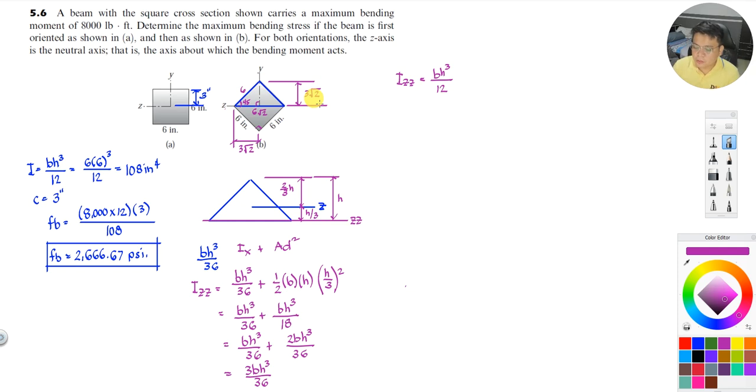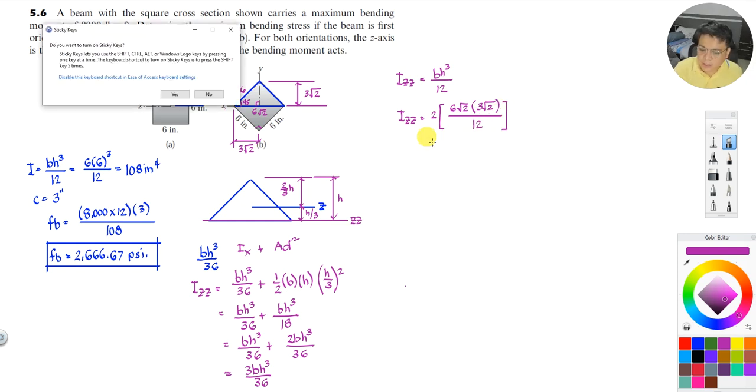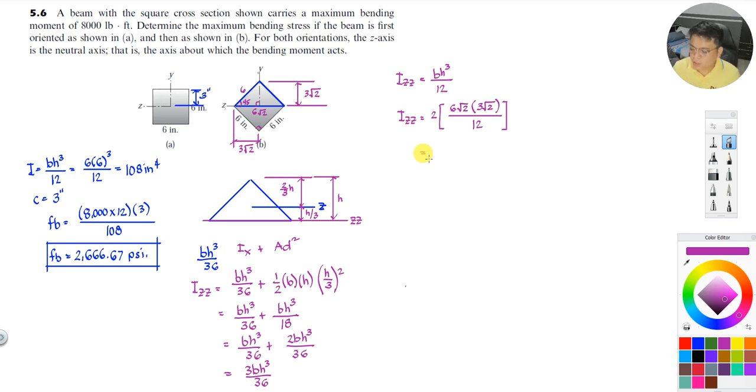Okay, so, para makuha ko si IZZ, dalawang area ko na lang. Okay, so you can have it as B, which is 6 square root of 2. H is equal to 3 square root of 2 all over 12. Okay, so this is now your IZZ. Okay, so equal natin.